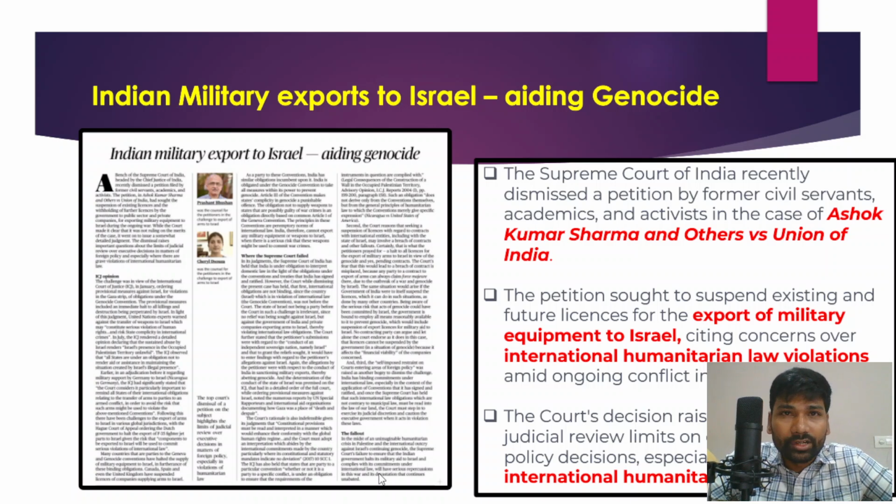Recently a petition was filed in the Supreme Court saying that India should stop exporting arms and ammunition to Israel, because that has been financing and enabling Israel's committing of this genocide in Gaza.